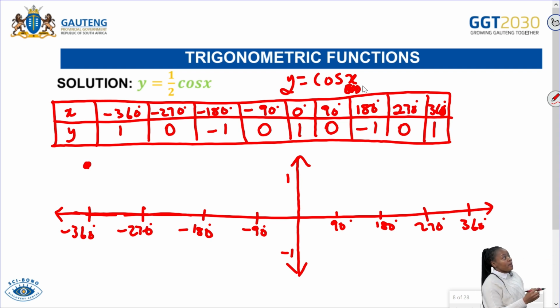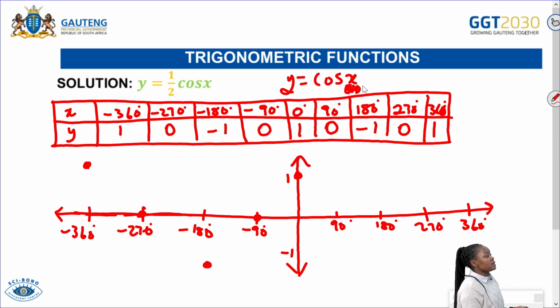Right? And then when x is negative 270, y will be 0. When x is negative 180, y is going to be negative 1. It's going to be somewhere down here. And then when x is negative 90, y will be 0. And when x is 0, y is going to be 1.